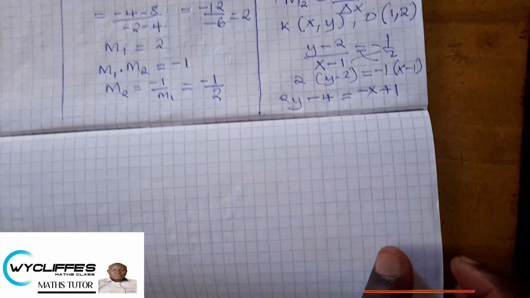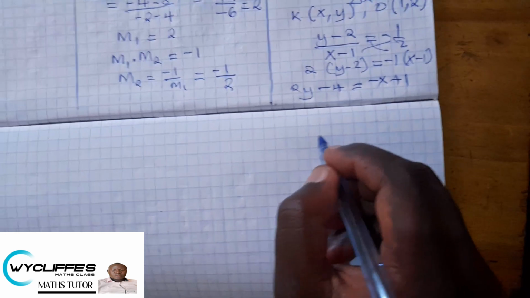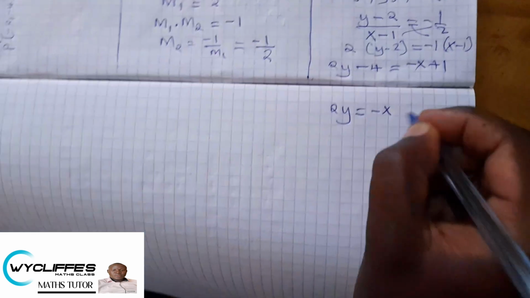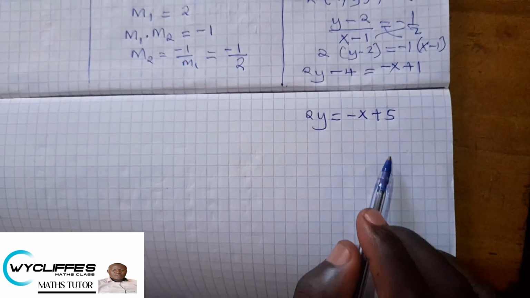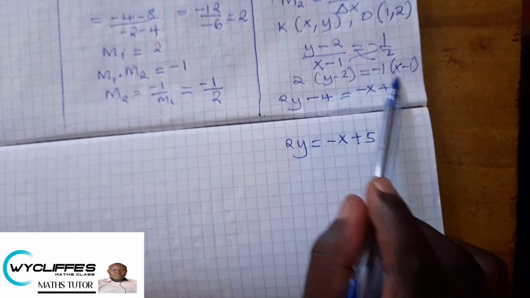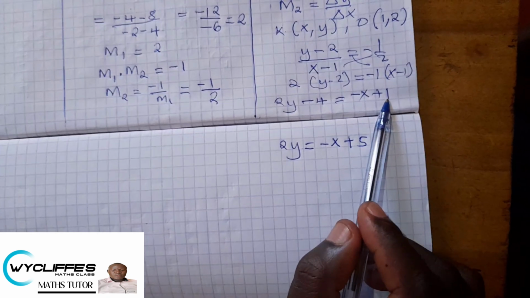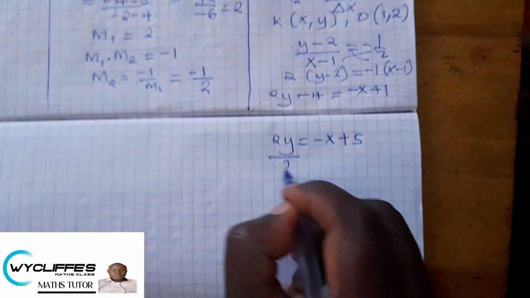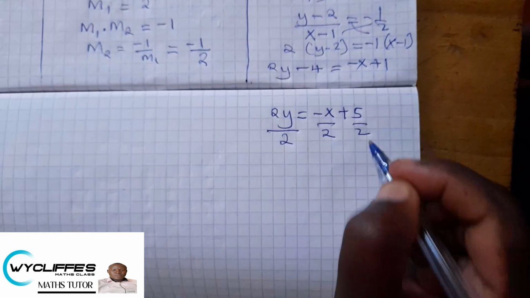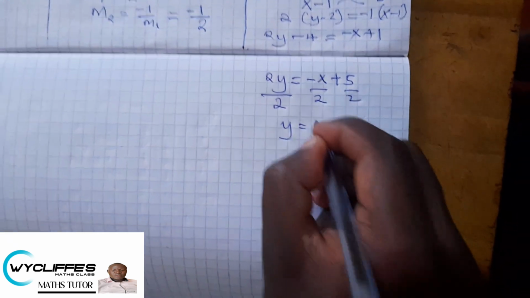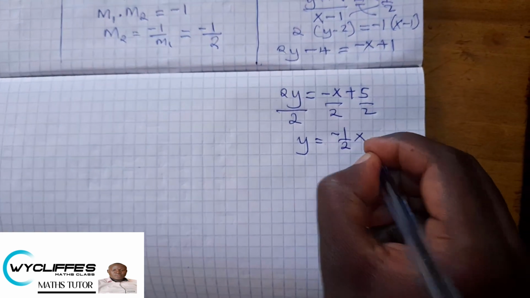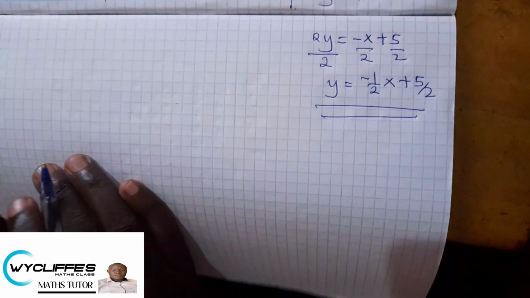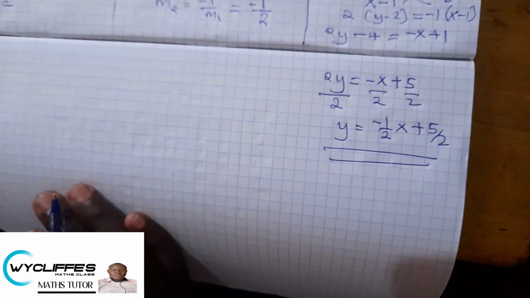Then 2y equals negative x plus 5. It is plus 5 because negative 4, when it crosses the equal sign, becomes plus, so 1 plus 4 gives us 5. Now divide by 2: y equals negative a half x plus 5 over 2. And this is the equation of the perpendicular bisector.